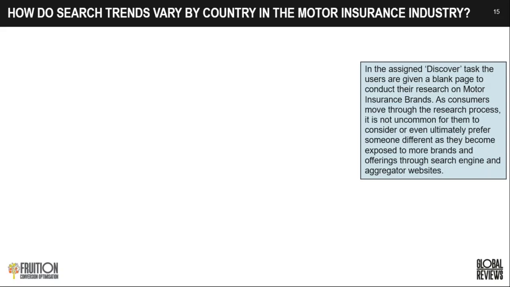The way we analyze the data is by looking at their search trends, their click paths, what kind of websites they visit, what keywords they type in, and how they arrive at their final preferred brand. However, today we are looking at only a top level understanding of their search trends.